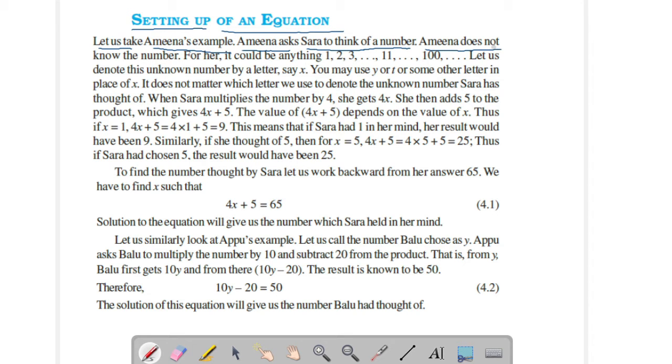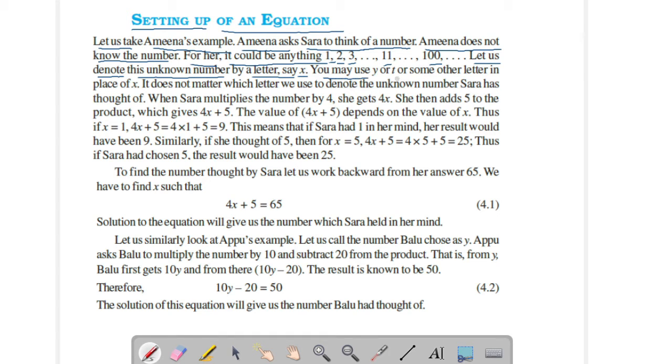Amina does not know the number. For her, it could be anything: 1, 2, 3, 11, 100, and so on. Let us denote this unknown number by a letter, say x.